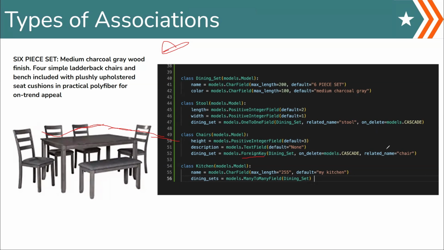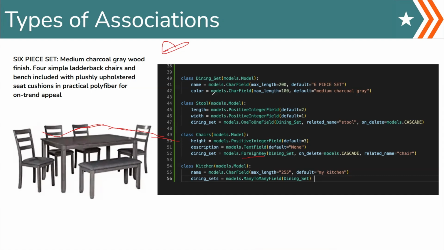One thing that I want to point out within lines 52 and 47 are the on delete and the related name chair. If you recall, when using PostgreSQL, we had a way of dropping tables and adding the cascade method, right? And the cascade method came in use whenever we removed something that had a dependency. Take the dining set and the stool, for example.